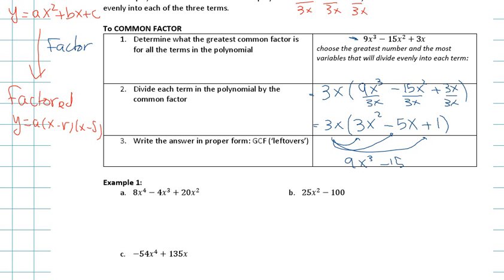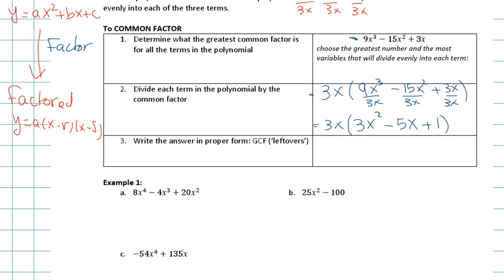And 3x times 1 is 3x. That's what I started with. Is that correct? So this is just to check your work. Don't write this down because I'm going to have to erase it. You want to put it on the side.